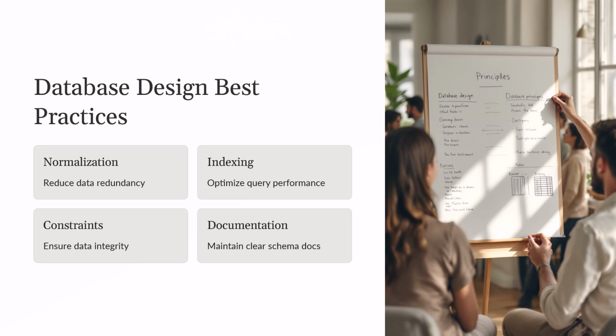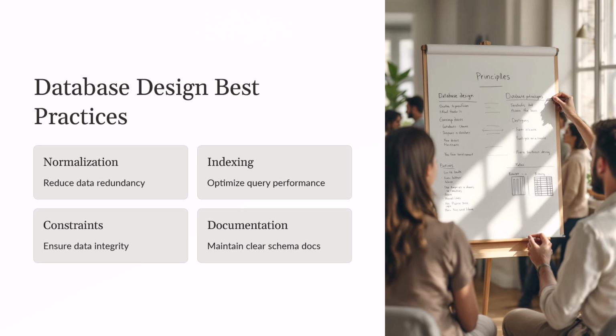As you finalize your project, keep these database best practices in mind. Number one, normalization. It helps to eliminate redundancy and keep your data clean. Aim for 3NF unless there is a reason not to do so. Number two, indexing. Improve query performance, especially on frequently searched columns.